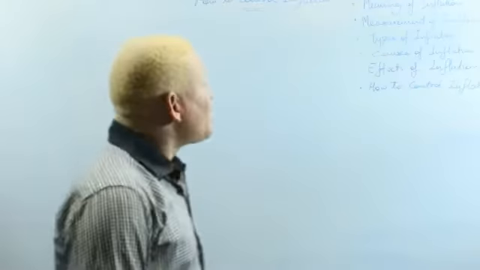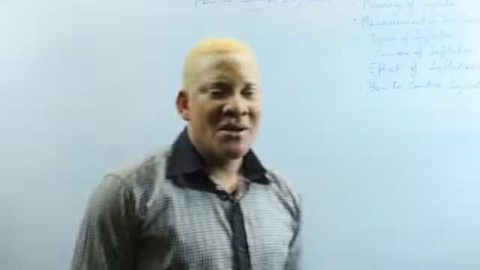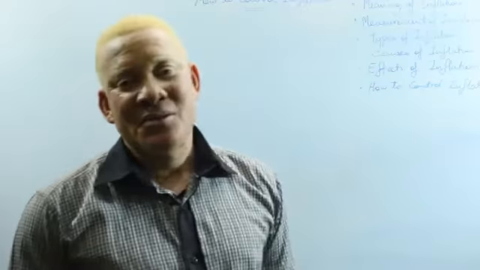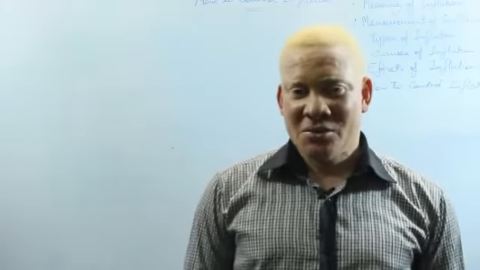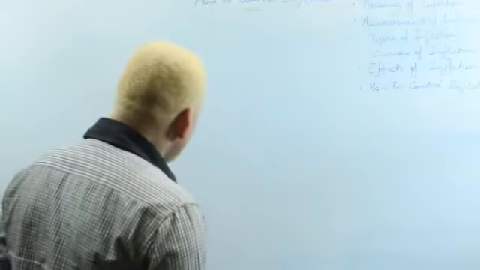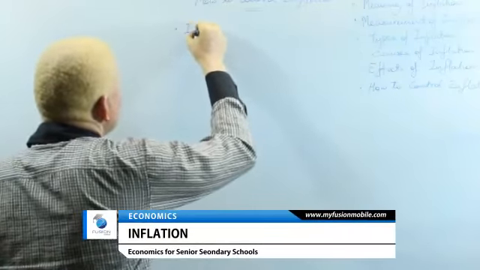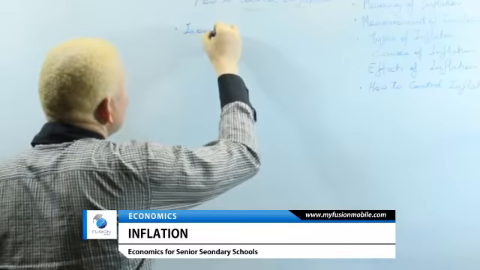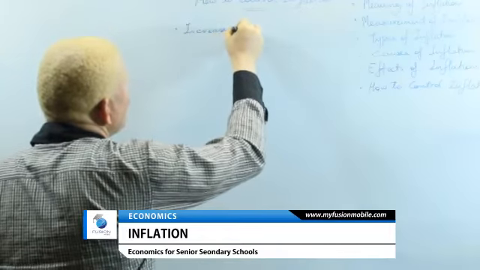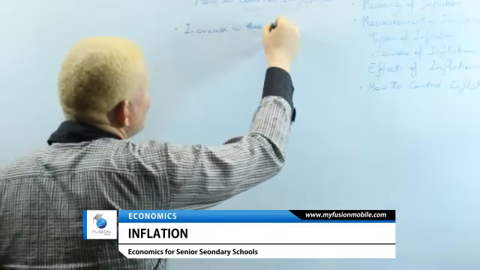Now, how to control inflation? We have what we call physical control, and we have the fiscal control and monetary control. Now, in the case of physical control, you have increase in the volume of production, increase in the volume of output of production.